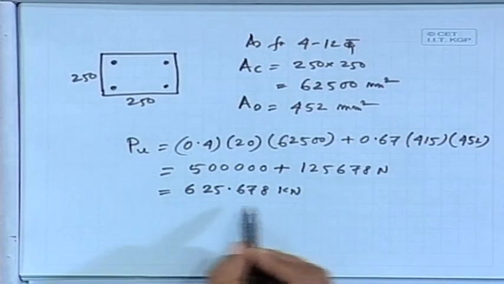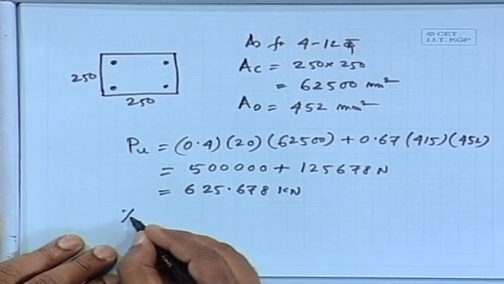So, we can get Pu this way, but what about the percentage of steel?